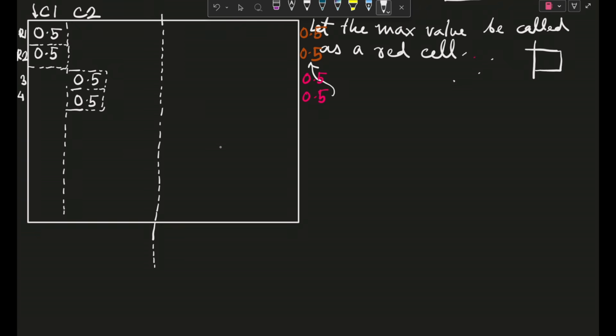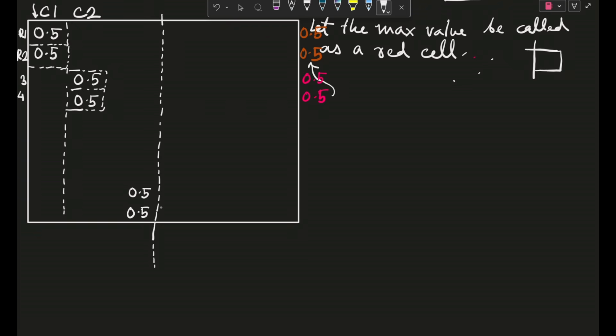Anyways, guys, so 0.5 goes on like this, and now when you strike the bottom, this line, you will strike the bottom somewhere, right? If you divide by 2, it will come on and end like this, because it's going diagonally.